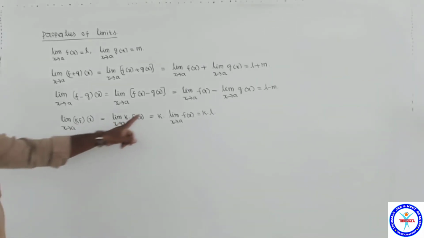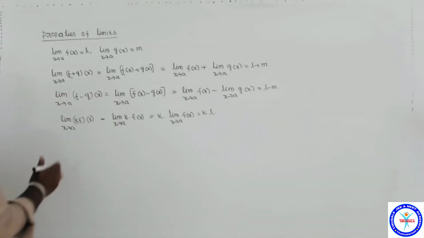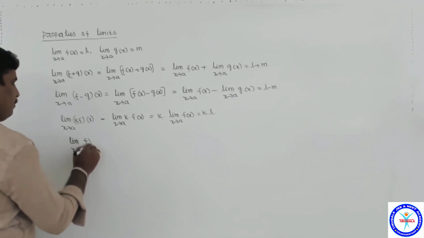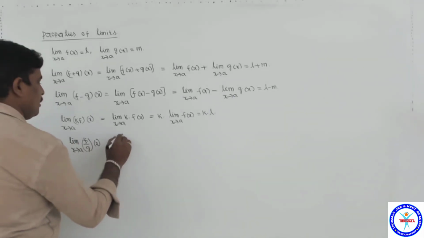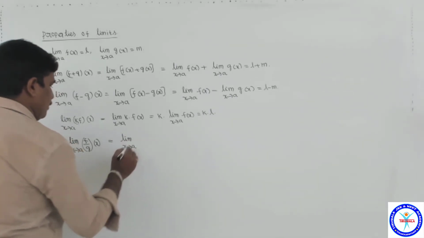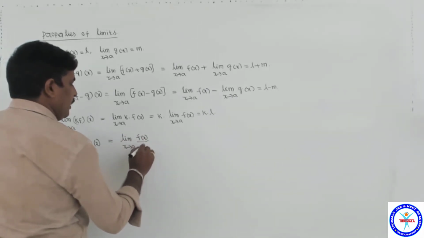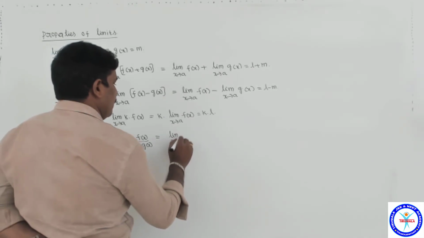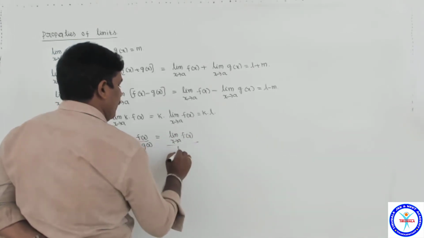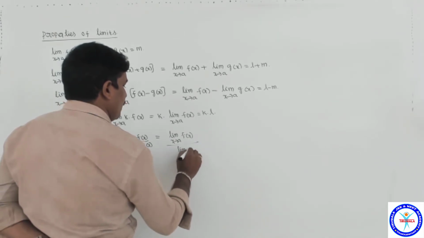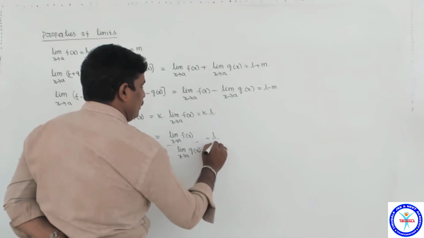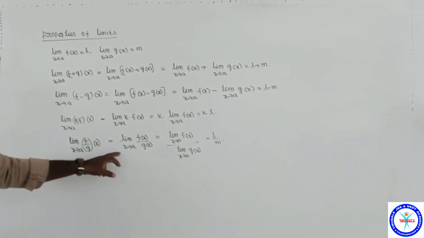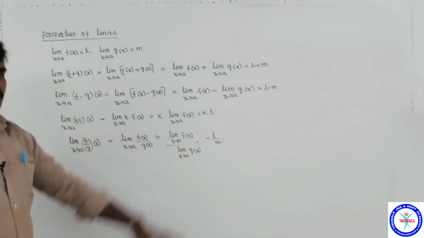So, k into L. Next, limit x tends to a of f by g of x equals limit x tends to a of f of x divided by limit x tends to a of g of x. This is equal to L by m.